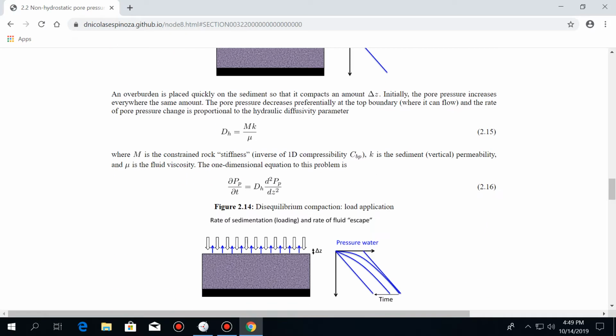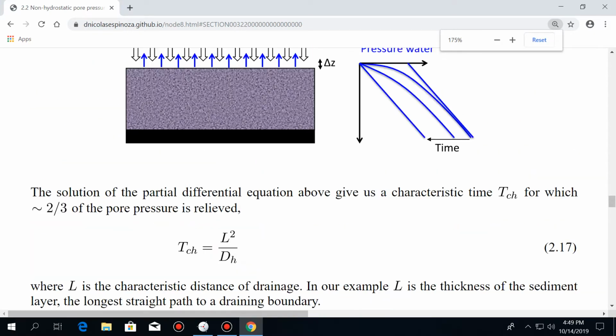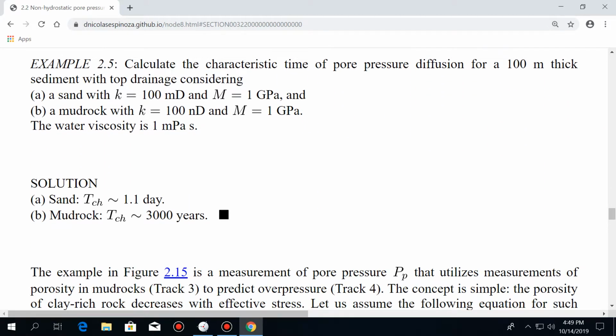Okay, this is the same thing we have been discussing. So, if you were to have a 100-meter thick sediment with the same compressibility, or same stiffness in this case, and different permeability, a typical sand, 100 millidarcy, or a mud rock with 100 nanodarcy, using the equation that we saw before, it would take about 1 day for that pressure to dissipate in the sand.